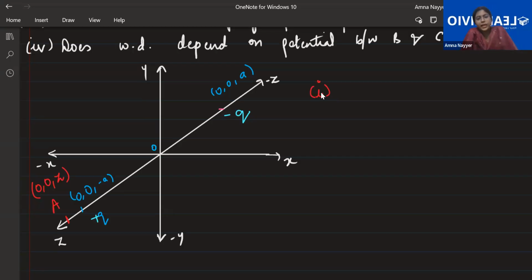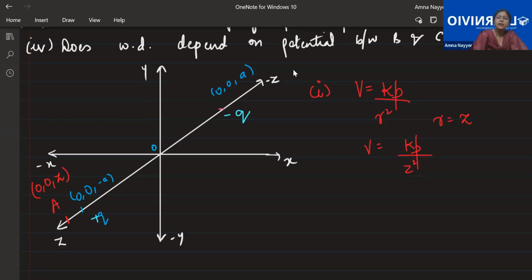So is the point A on the axial line of it or on the equatorial line of it? Axial. So the formula is V equals kp by r squared. Here your r is z. So V will be kp by z squared.